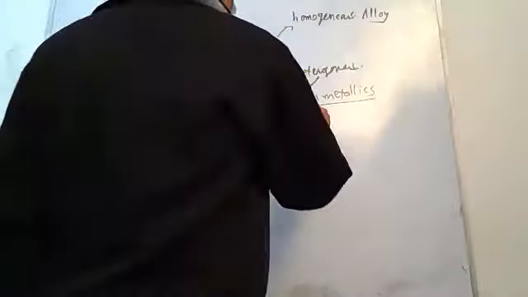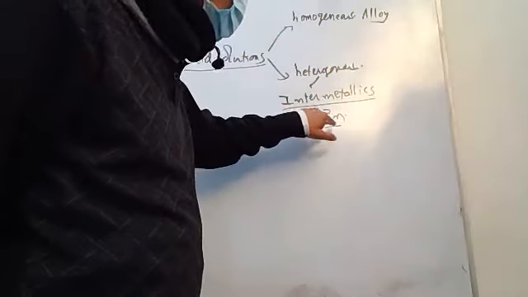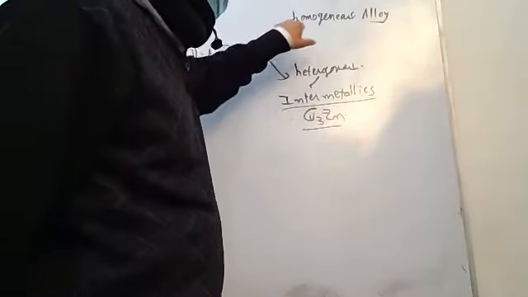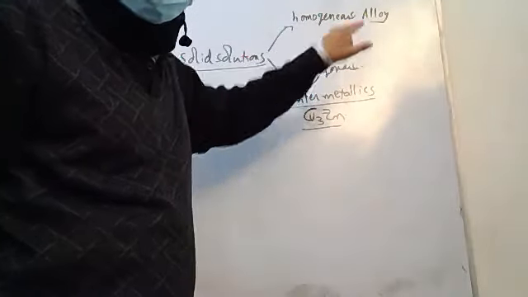Like, for example, if I have Cu3Zn, that is an intermetallic, because I have copper and zinc in a particular ratio of 3:1. But if you have a continuous solid solution, then we call them alloys. So the difference between alloys and intermetallics is seen here. Intermetallics generally have fixed ratios.